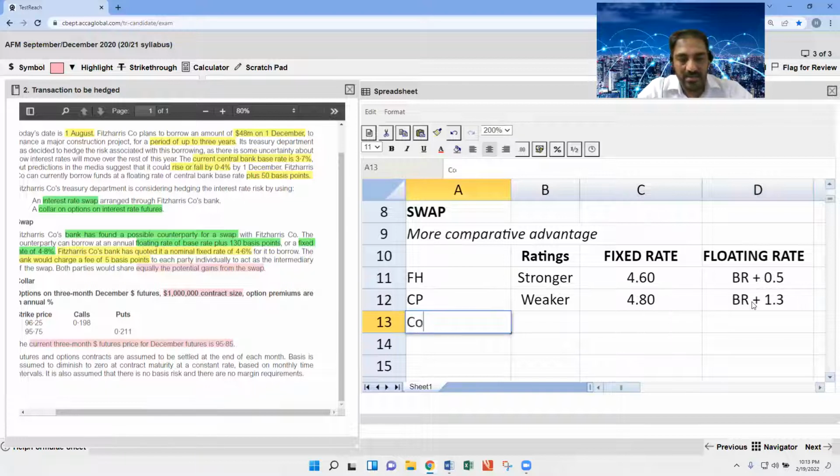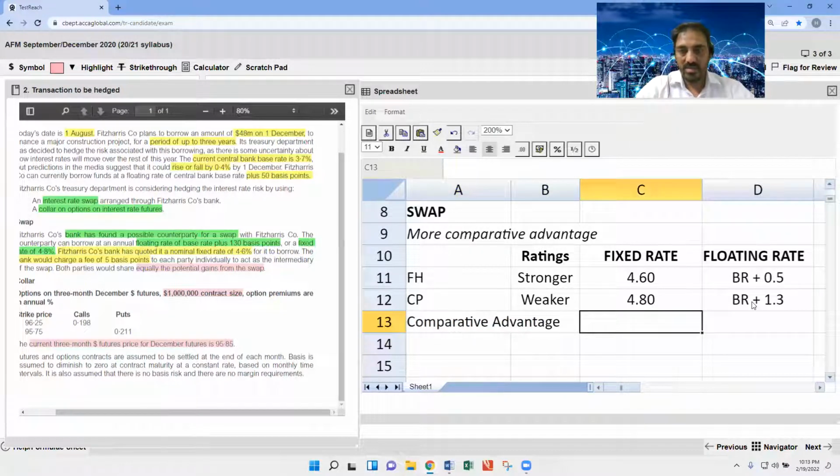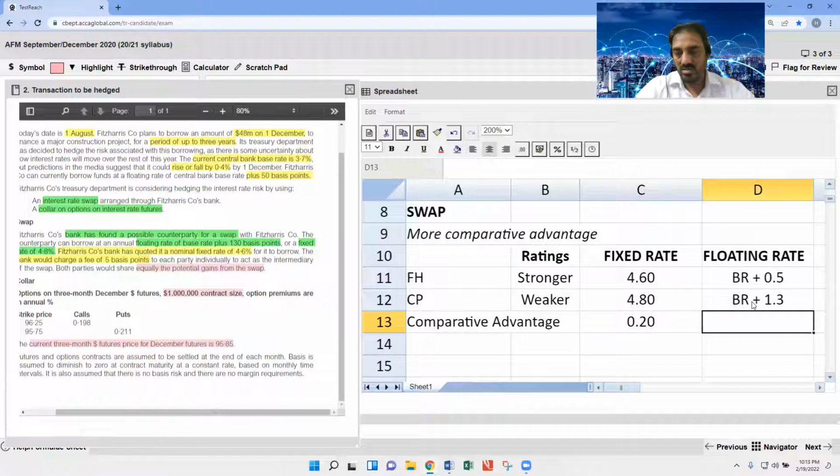So number one, the comparative advantage is 0.2 and 0.8.